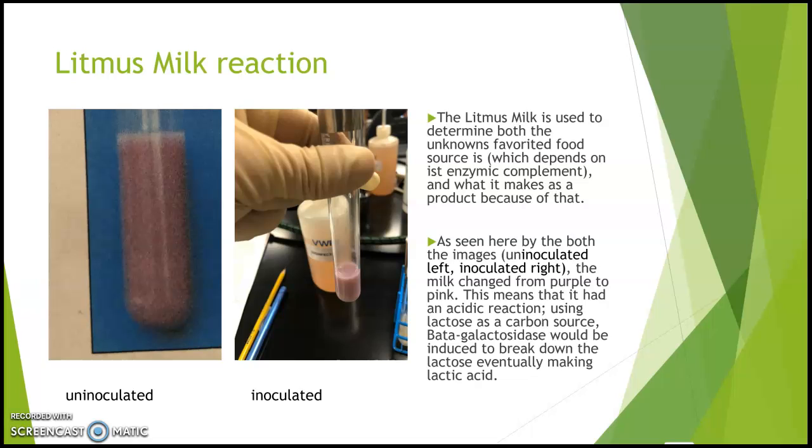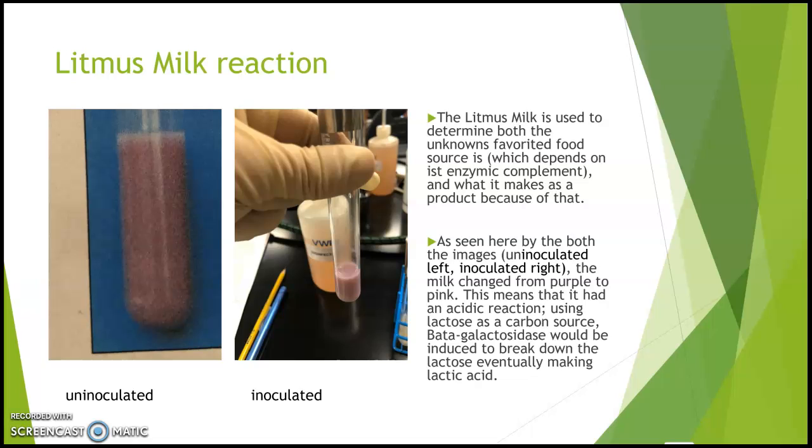Here I did the litmus milk reaction test. The litmus milk is used to determine both the unknown's favorite food source, which depends on the enzyme complement it has, and what it makes as a product because of that.